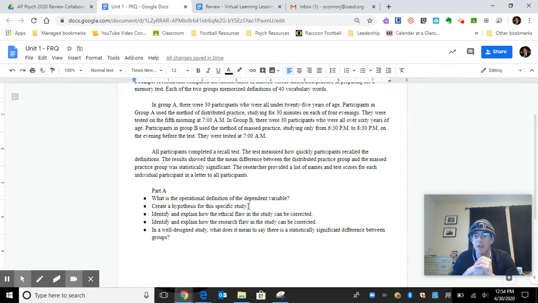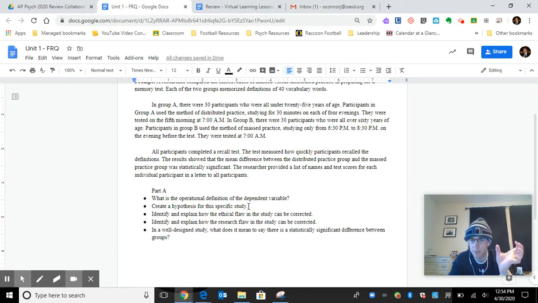You just have to say, in this experiment, the operational definition of the dependent variable is, and then my suggestion with anytime it says operational definition, whenever it's talking about independent variable, dependent variable, is use the wording that is in the prompt. All right.